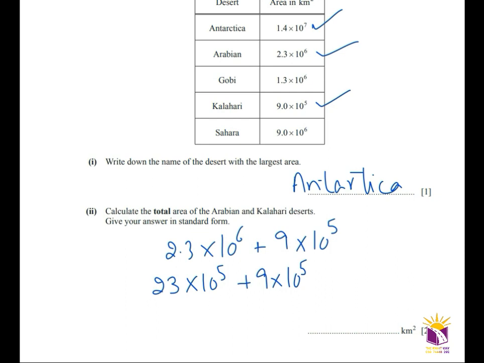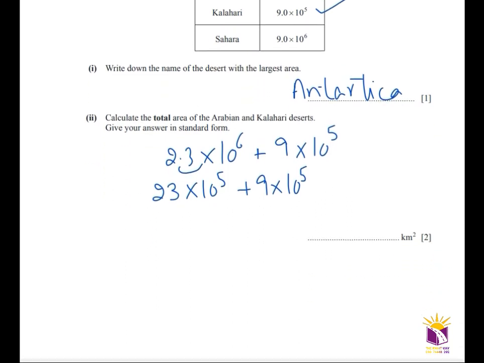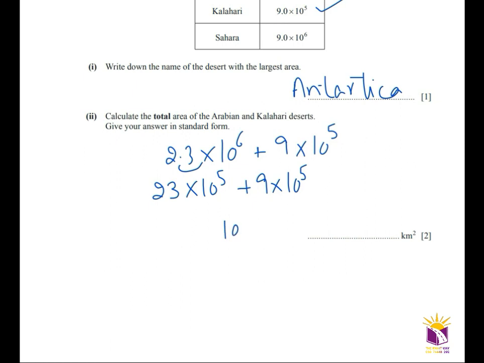What I have done here, when I move my point to the left, it will be minus 1 and my power will become 6 minus 1 equal to 5. So now 10 power 5 is common and we will get 23 plus 9, and 23 plus 9 will be equal to 32 into 10 power 5.